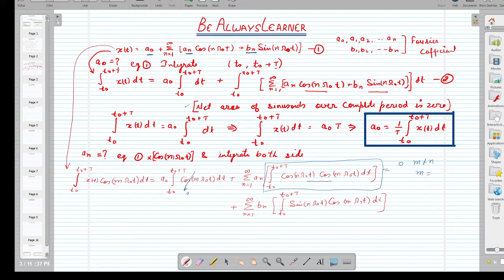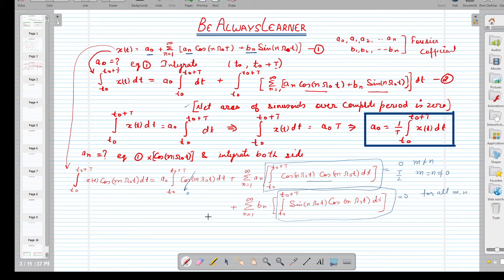If m is equal to n, then this term has value T by 2, but it is not equal to 0. And the other term, that is sine into cos, this term has value 0 for all values of m and n.